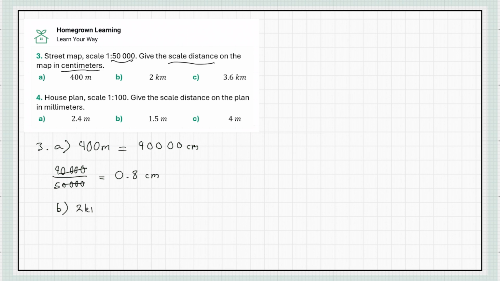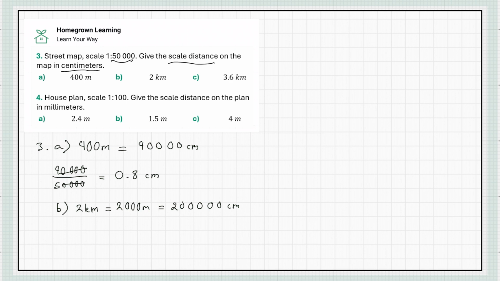So 2 kilometers, remember we want it in centimeters. We're going to convert to centimeters by first timesing it by 1,000. So we get 2,000 meters, and then timesing that further by another 100, and we will get a much larger sum of centimeters, but still the same idea, just add on the 2 zeros. Okay, so we get 200,000 centimeters.